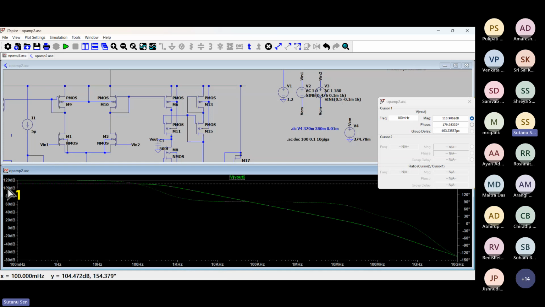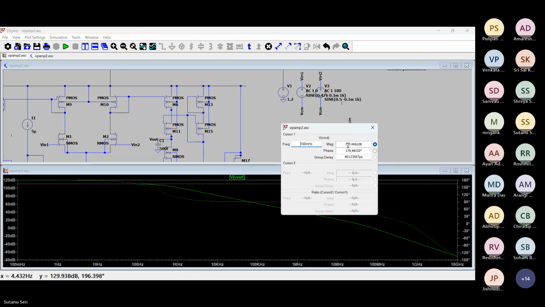This is near the origin. So 110 dB is almost like 30K. So that gain is pretty high. Not 30K. It is coming 300K. 100 dB and 110 dB is 300K.